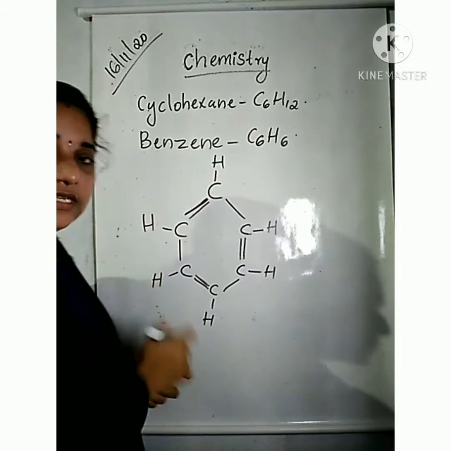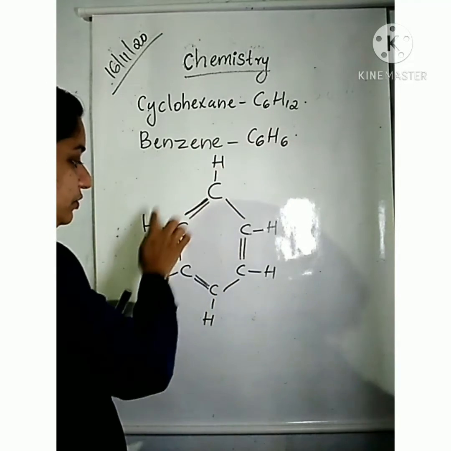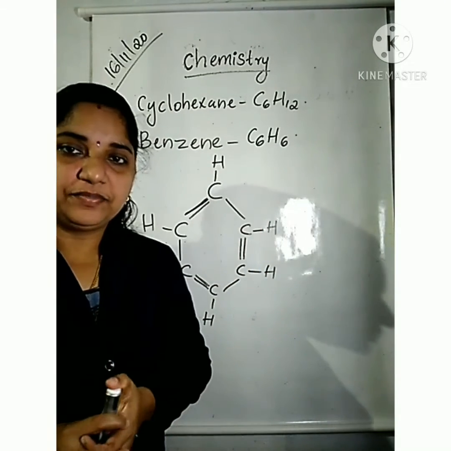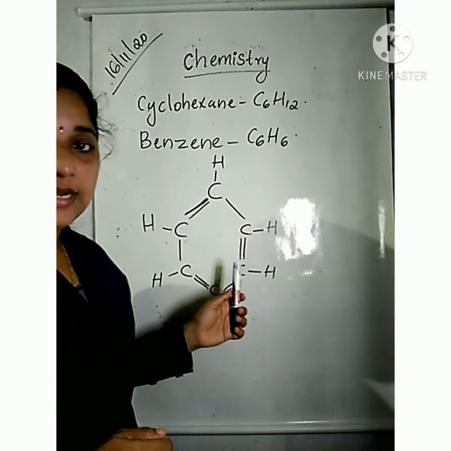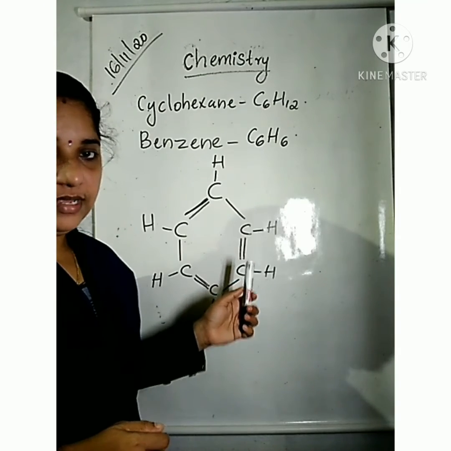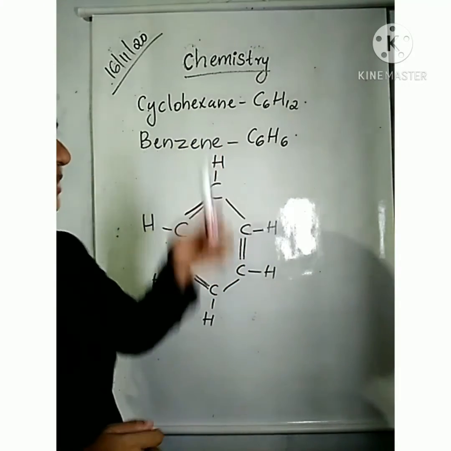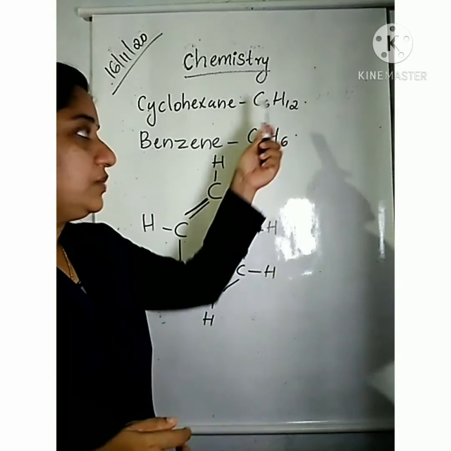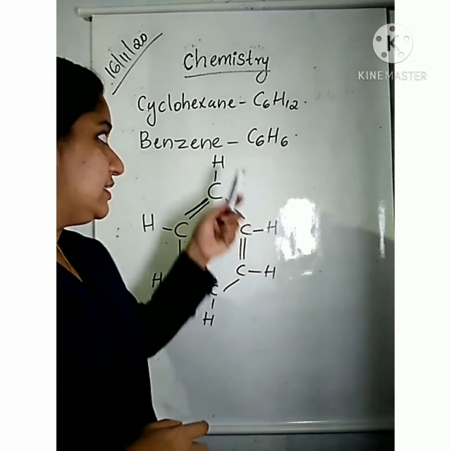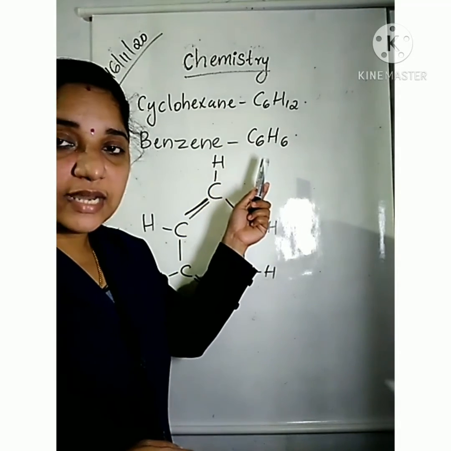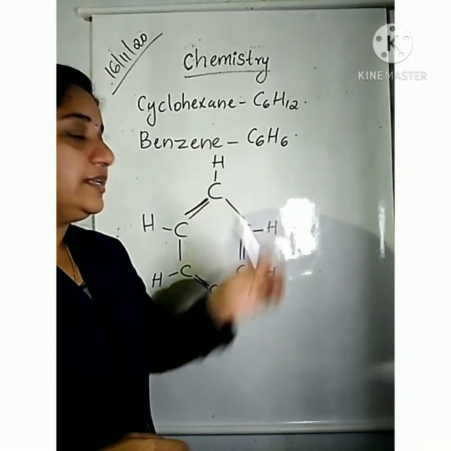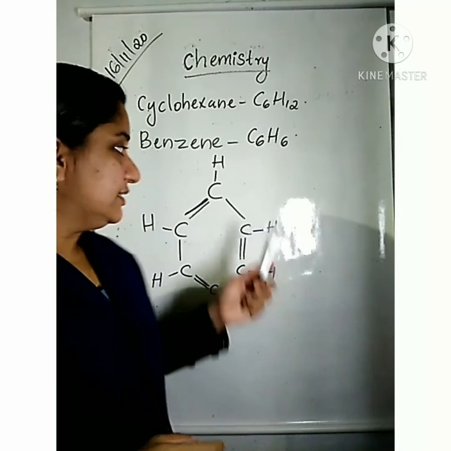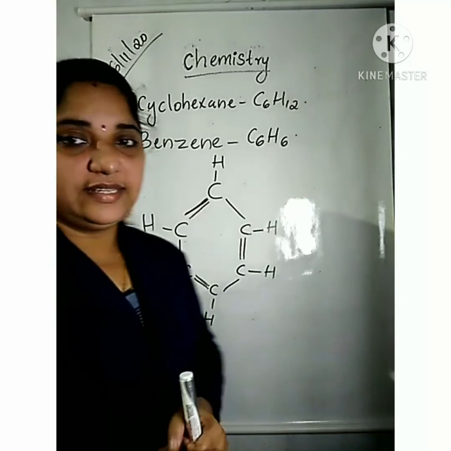Then how many hydrogen atoms are present in benzene? 1, 2, 3, 4, 5, 6 hydrogen atoms. This is another ring compound of carbon, benzene. Cyclohexane contains 6 carbon atoms and 12 hydrogen atoms. Benzene also contains 6 carbon atoms, but only 6 hydrogen atoms.